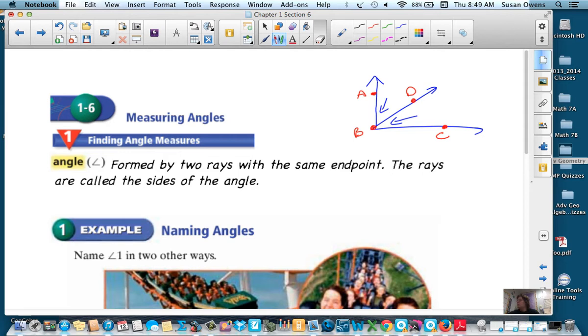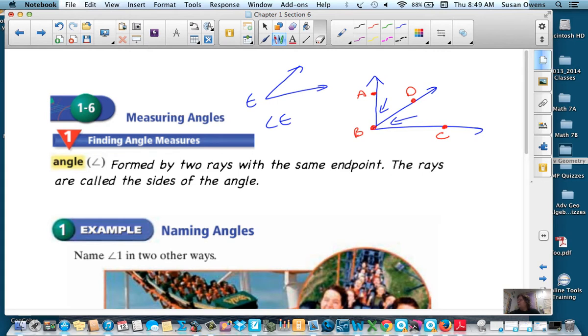So anytime there's any ambiguity in what angle is being referred to, you cannot name an angle with a single point. Okay? So, for example, if I had a single angle all by itself, I can call this angle E. But in this picture, the one on the right, I would have to use 3 points to name the angle.